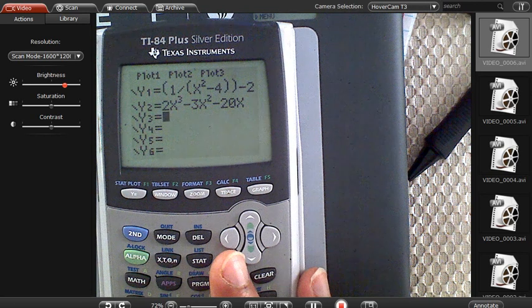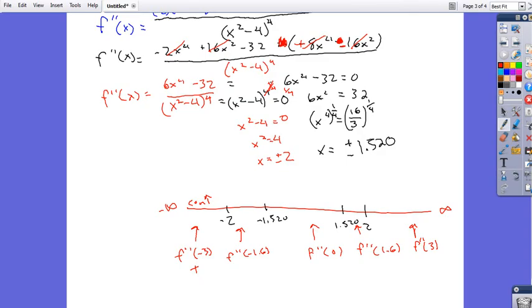So I'm going to plug in 6x caret 4 minus 32 divided by parentheses x squared minus 4 in parentheses caret 4, down to the regular in parentheses.